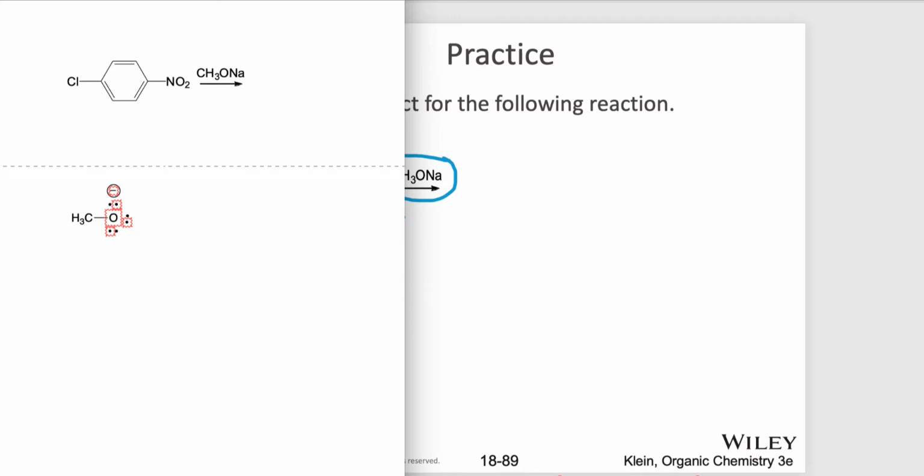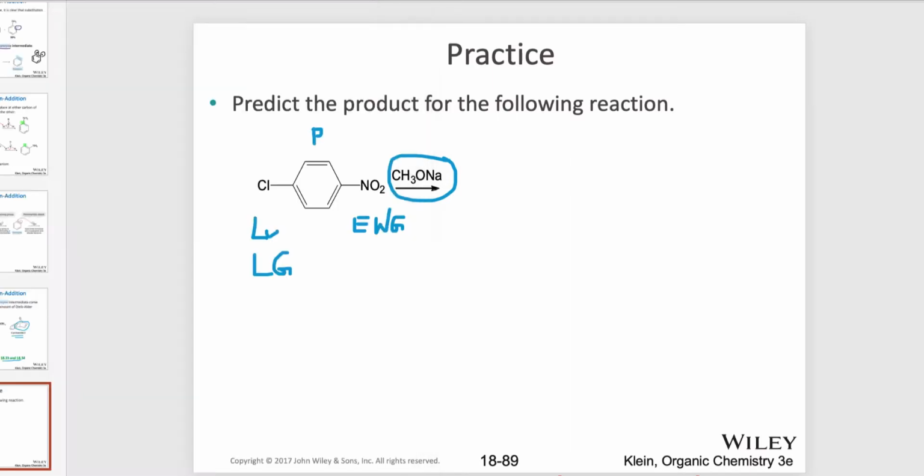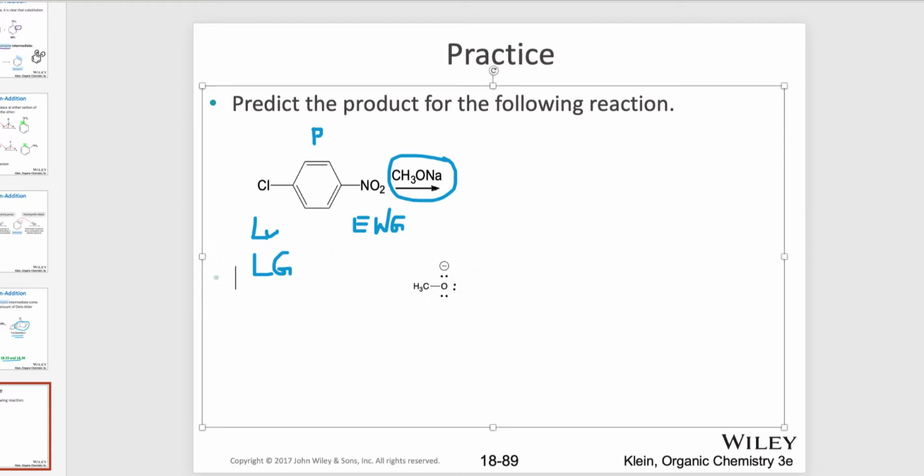Start here, move over here, and then you can delocalize in one step, once you draw this out, all the way to the oxygen, and then this will collapse back and kick out the chlorine. So remember, our ability to draw good Lewis structures showing all bonding and non-bonding electrons will help us understand this. The Na plus counter ion doesn't do anything in the mechanism.